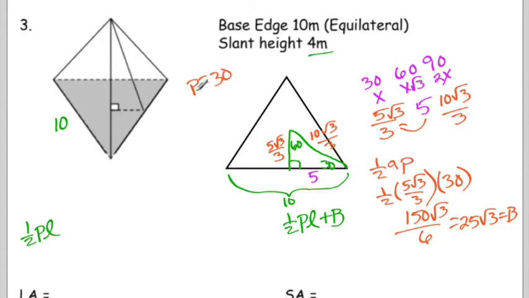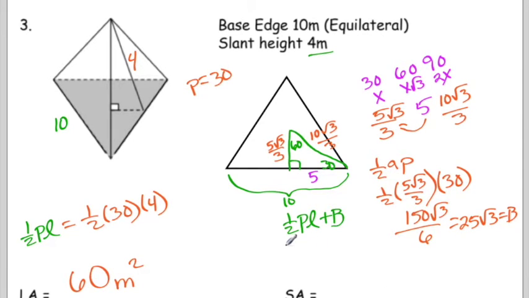So now we've got the perimeter and the area of the base, we can go ahead and complete the formulas. So right here, 1/2 the perimeter times the slant height. They gave us the slant height was 4. So we're doing 1/2 times 30 times 4. So that's going to be 60 meters squared. Don't forget your units.